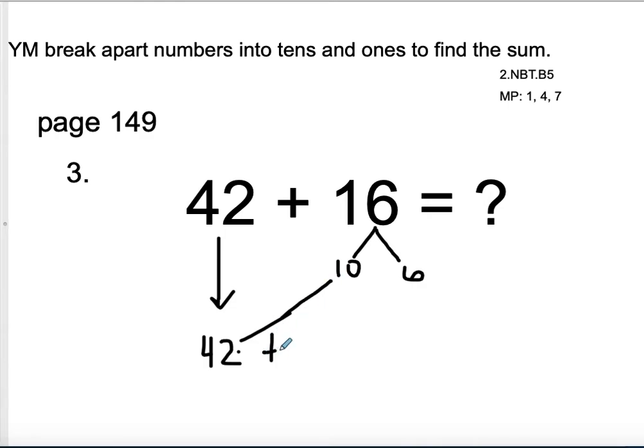So 42 plus 10 equals 52. Now I'm going to add my ones. And 52 plus 6 equals 58.